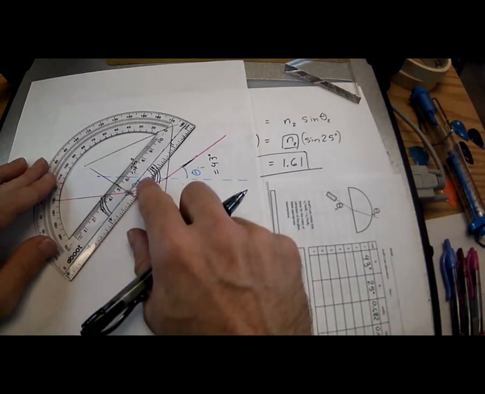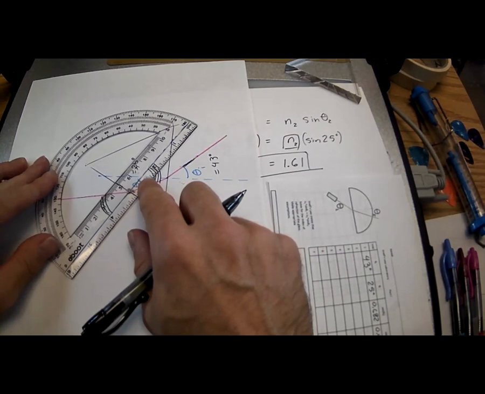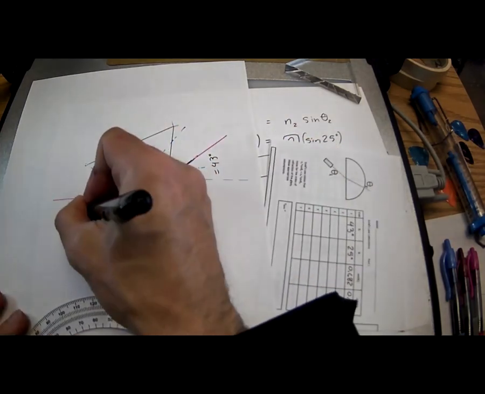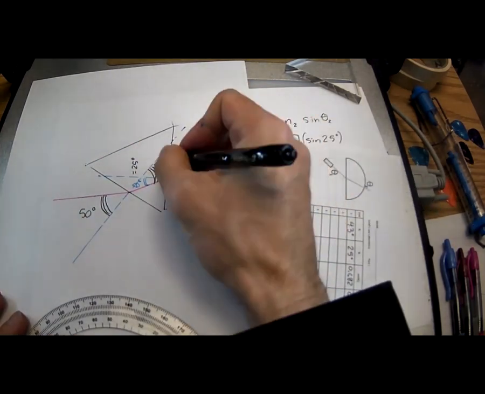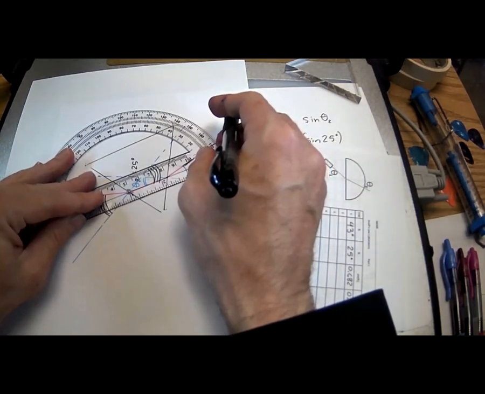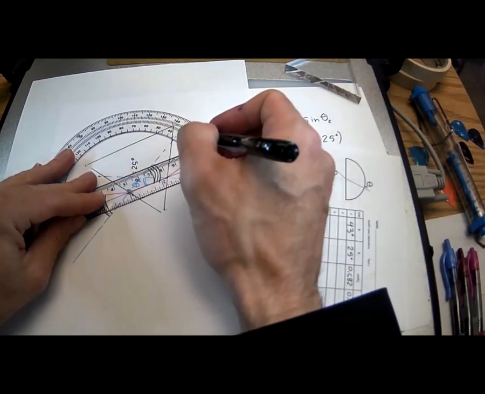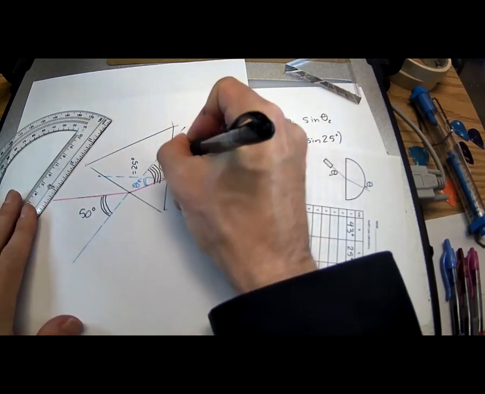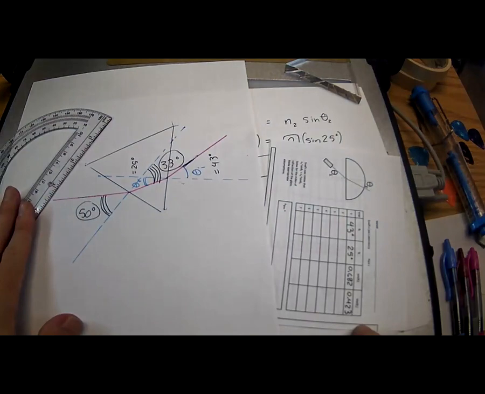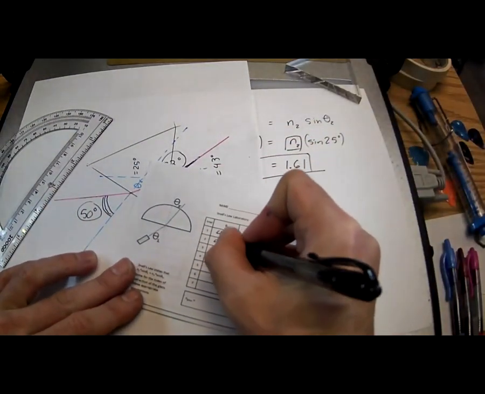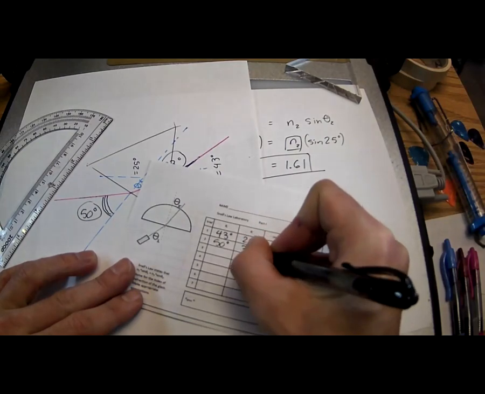This one is 50 degrees exactly. And what's this guy over here? About 33 degrees. Record those. So 50 degrees versus 33 degrees.